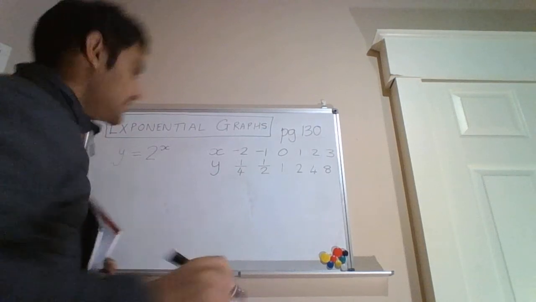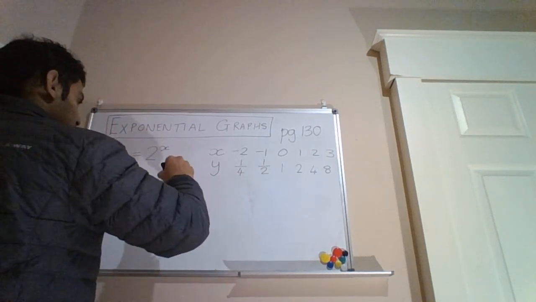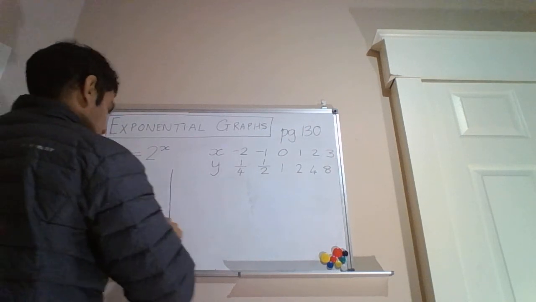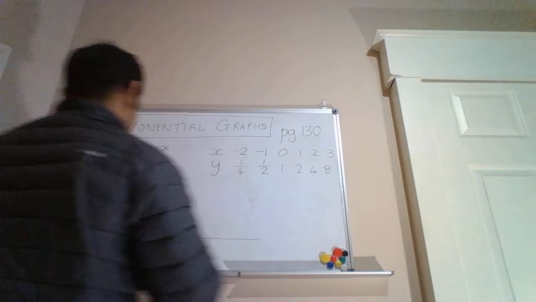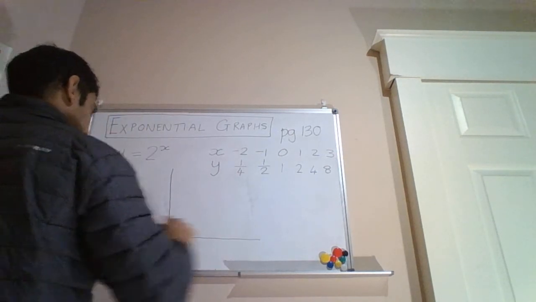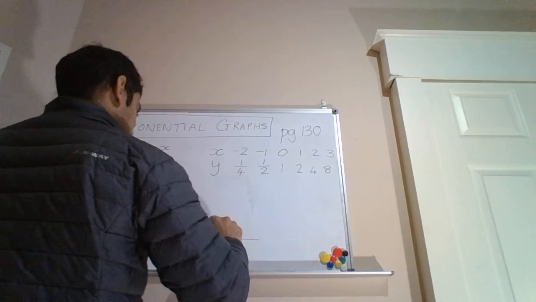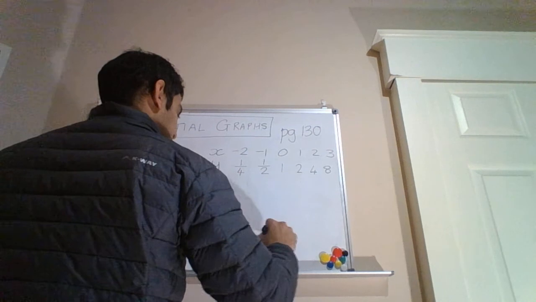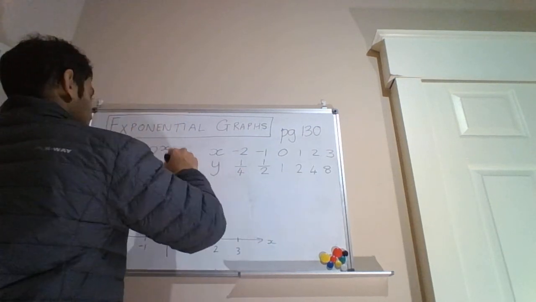Okay, let's plot these points. -1, -2, 1, 2, 3, x, y.